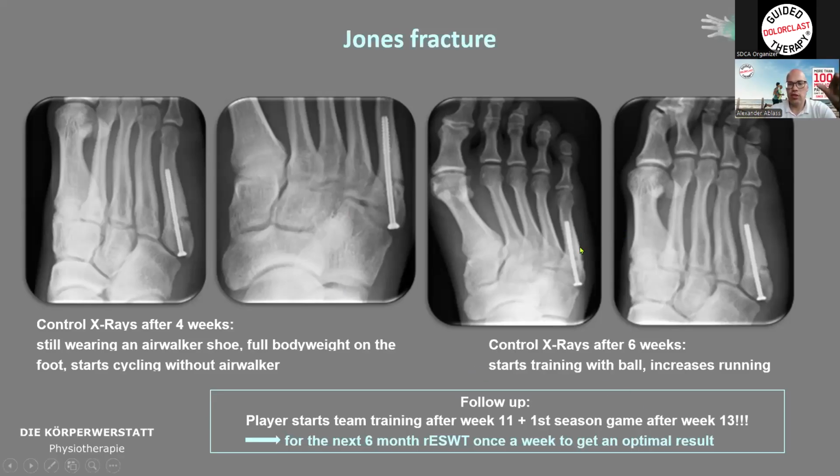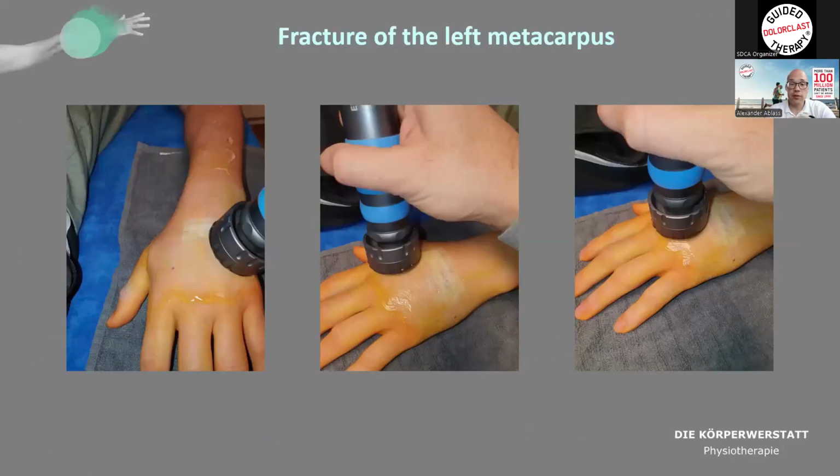Then if you check the control after 6 weeks, you can see it's even going further. So I'm not worried that this Jones fracture is not healing anymore. After 11 weeks, first season game, after 13 weeks, and then we continue doing the shockwave to get this area really tight. Fresh hand fracture, mid-hand fracture, no problem at all, full contact shockwave.